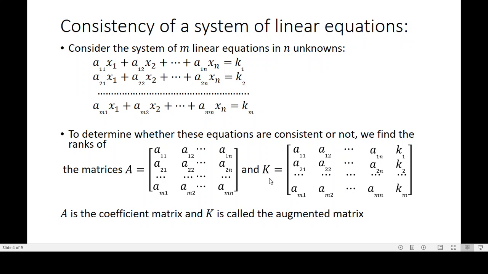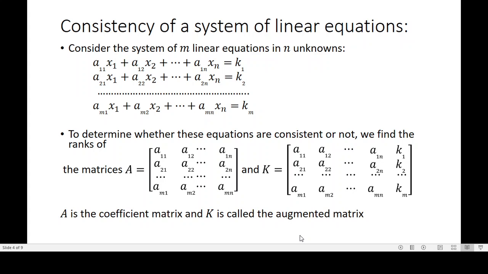That is, there exists only one solution. If rank of A is equal to rank of K is less than n, the number of unknowns, then the equations are consistent but there are infinite number of solutions. If rank of A is not equal to rank of K, then the equations are inconsistent, which means the system does not have a solution.